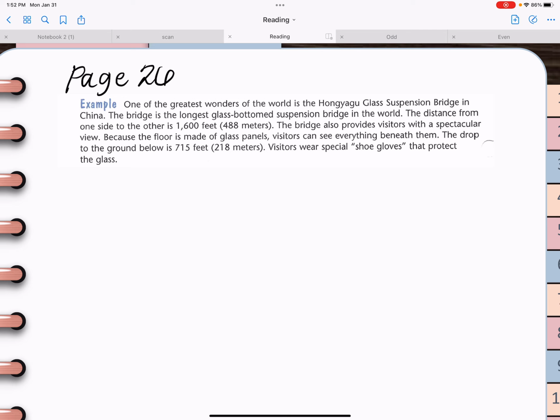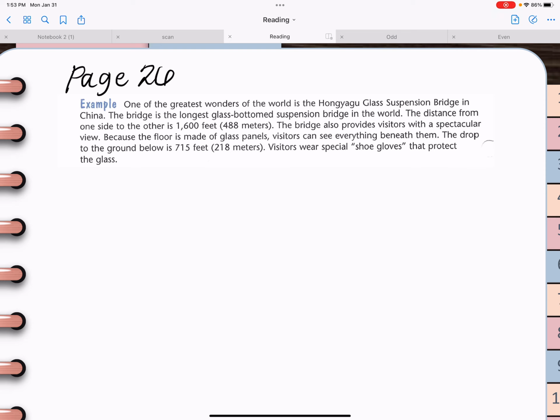I cannot find it. So I'm going to do my best. I am suspecting that I will mispronounce the name of the bridge. I do apologize. If you know how to pronounce it correctly, please email me and let me know, because I really tried to figure this out.